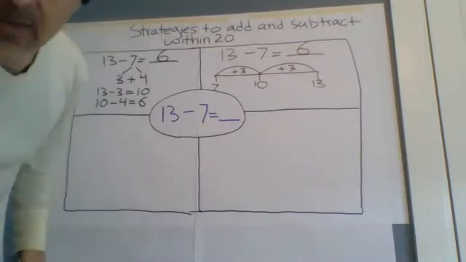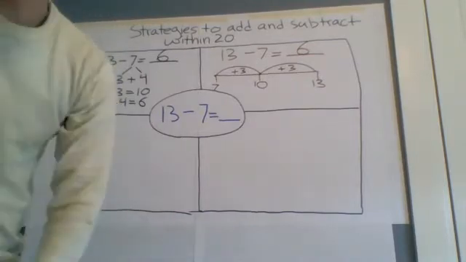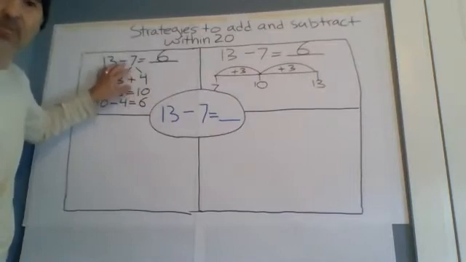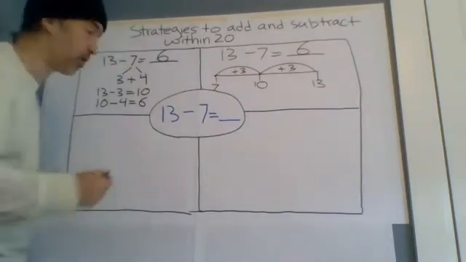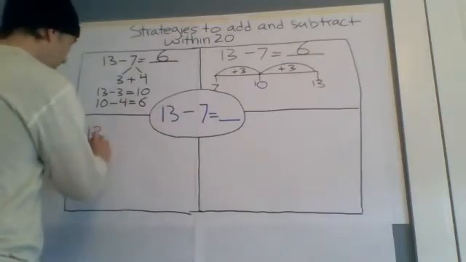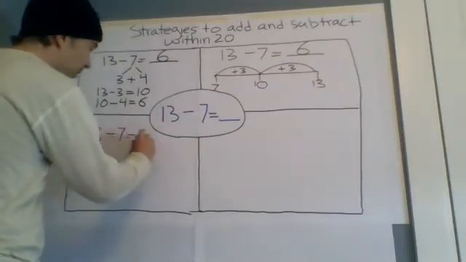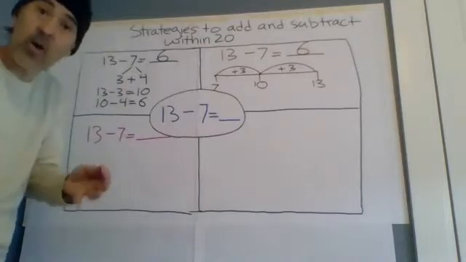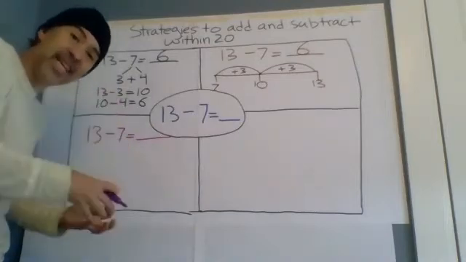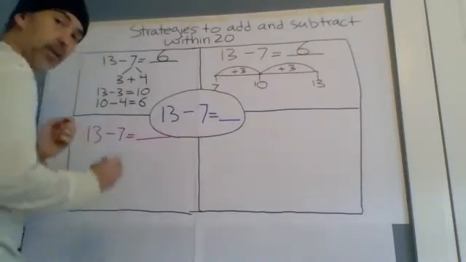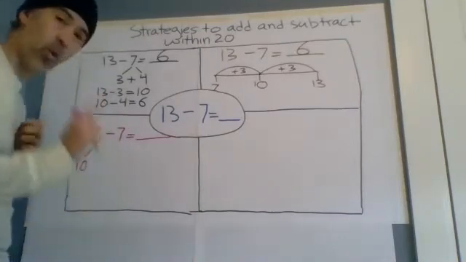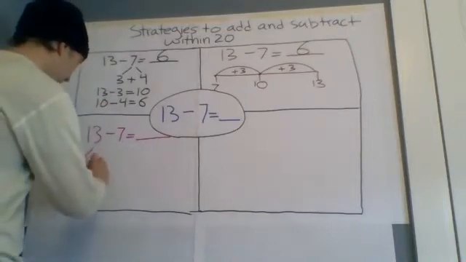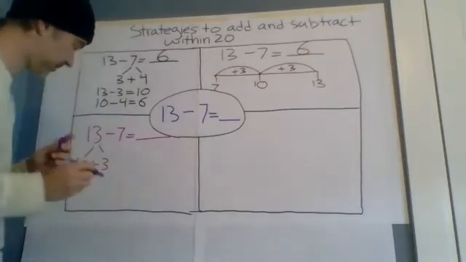Okay, got another one. Now in this problem, I broke the 7 apart. Well, I have another option that I can do. When I'm looking at 13 take away 7 equals something, I also can break apart the 13 to help me subtract 7. So watch what I do. I take the 13 and I create one group of 10 and 3 ones.